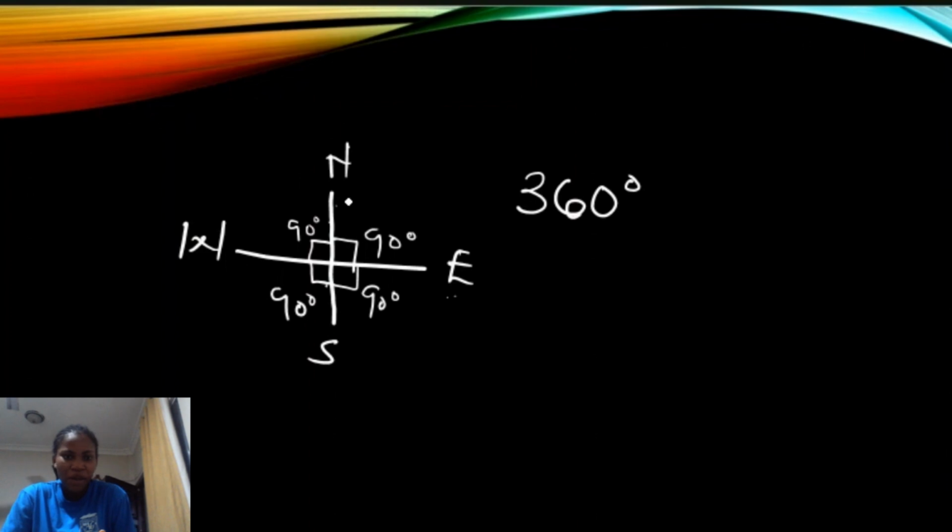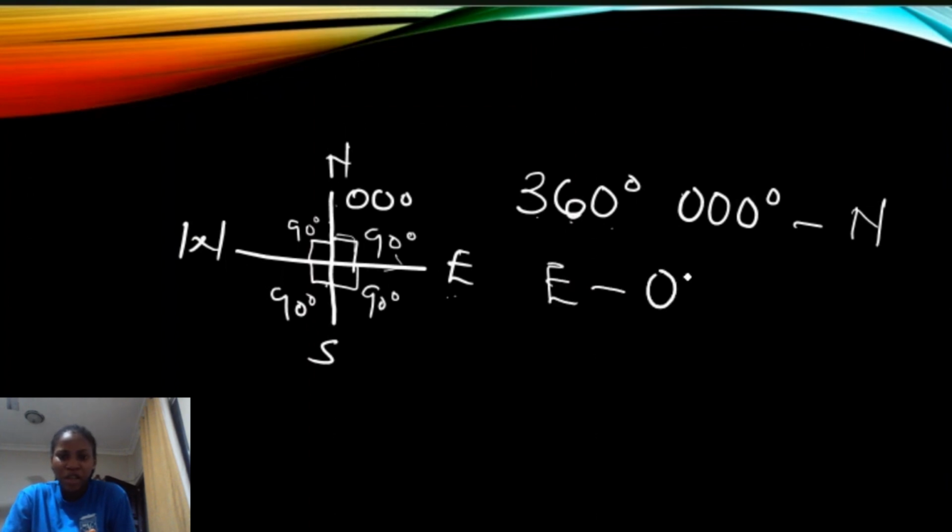If we want the bearing from north to east, the whole angle is 90, so east would be 090 degrees.